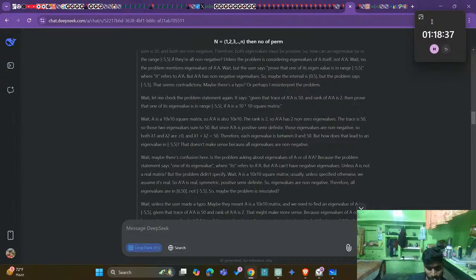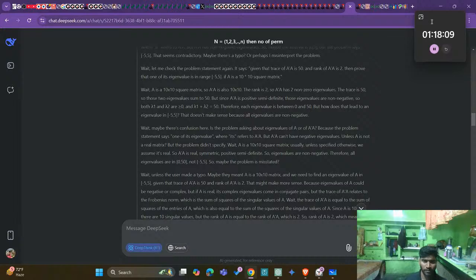But since A'A is positive semi-definite, those eigenvalues are non-negative, so both lambda 1 and lambda 2 are greater than or equal to 0, and lambda 1 plus lambda 2 is equal to 50. Therefore, each eigenvalue is between 0 and 50.